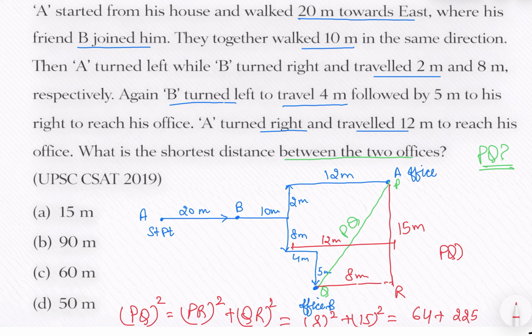So PQ whole square is equal to 289. 289 is equal to 17 square, so PQ is equal to 17. The shortest distance between the offices will be 17.